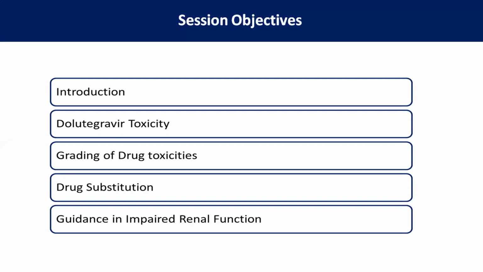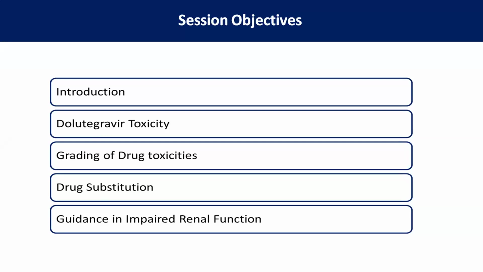In today's session we will discuss the antiretrovirals for adult and adolescent. Simultaneously, we will discuss the drug toxicities, special information regarding the dolutegravir toxicity and tenofovir toxicity. Then we will discuss how we will grade the drug toxicities in different grades, like grade 1, 2, 3, 4. And if toxicities develop, how we will plan to substitute the drug in the same class.